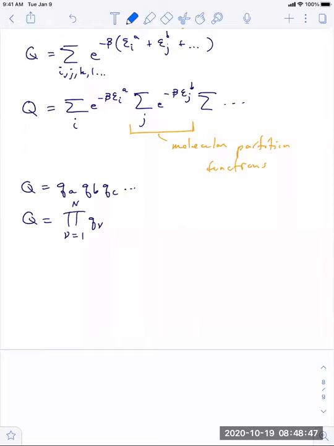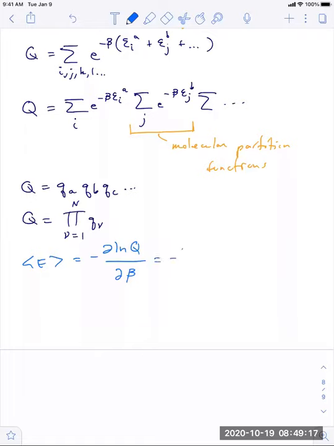So now again, we're usually interested in some extensive quantity like the energy. So the average energy of the system is still equal to the derivative of the log of the partition function with respect to its conjugate, beta. This is the total partition function. But because this big Q can be divided into the product of all of these small q's, that means I can also divide the energy into a sum.